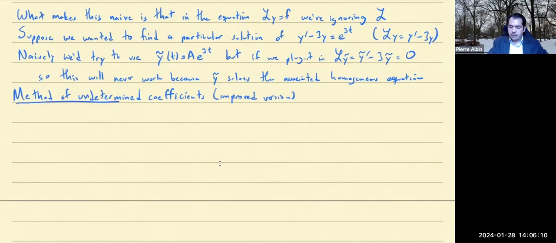Okay. So here's the method in an improved version. So again, same setup.